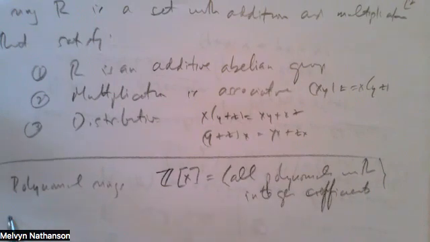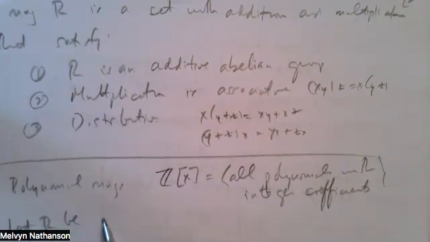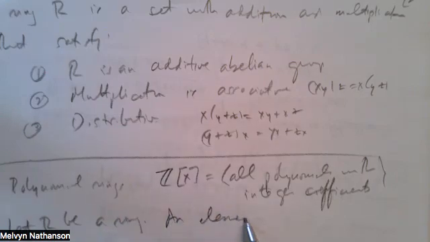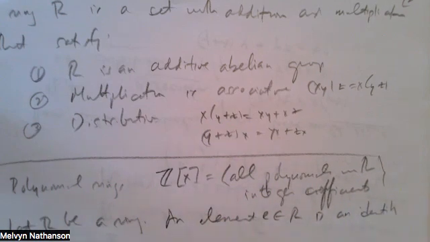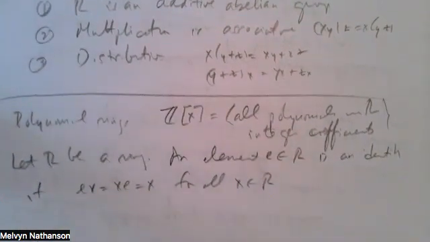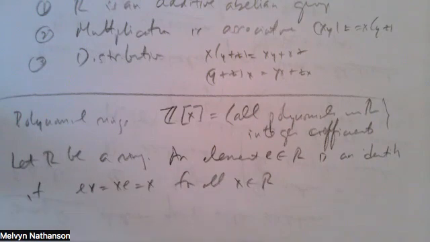So let R be a ring. An element E in R is a multiplicative identity if EX and XE equal X for all X in the ring. That is, if you multiply by E on the left or the right, you just get back your element. A ring does not necessarily have an identity, but some rings do.